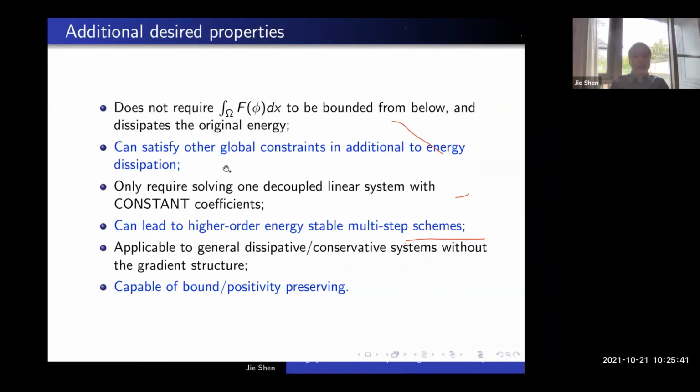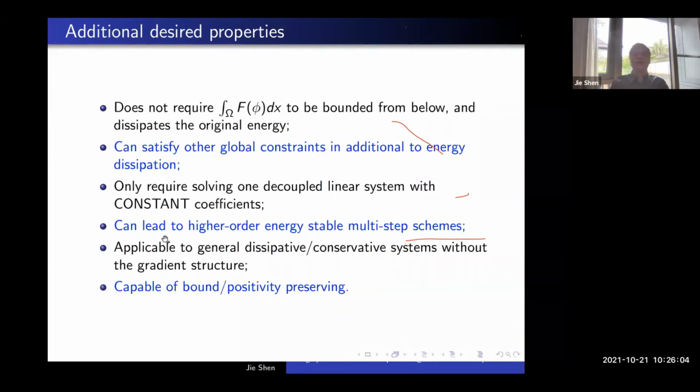And we'd like to satisfy other global constraints. And the original SAV requires solving 2 linear systems. Can we just solve 1 linear system?